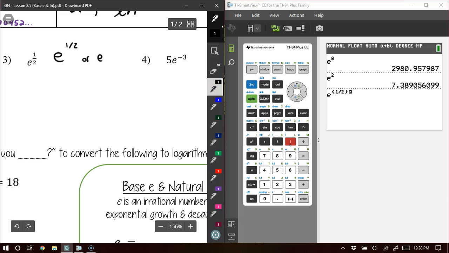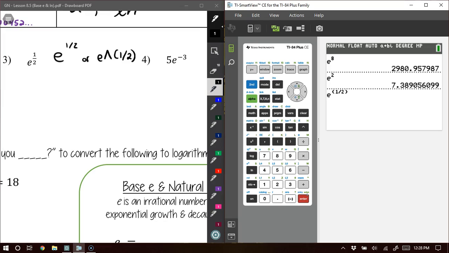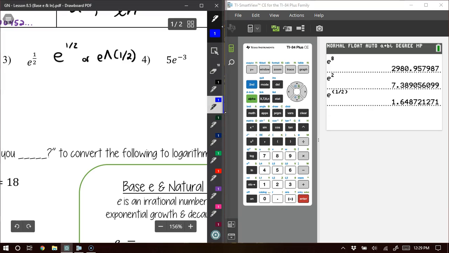Or you go e and have this caret next to it. If it has this exponent caret, you're going to do 1 divided by 2 in parentheses. If I hit enter, I'm going to get approximately 1.6487, so that is going to be 1.6487.